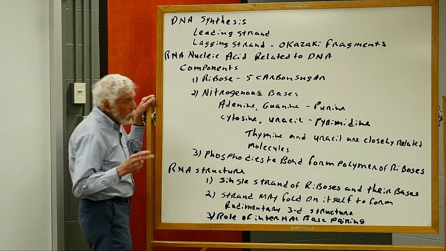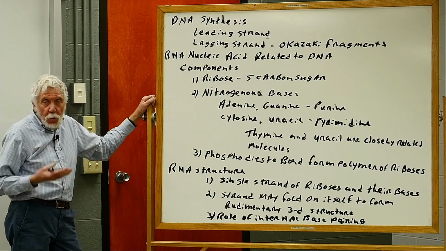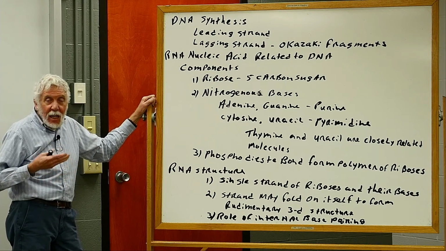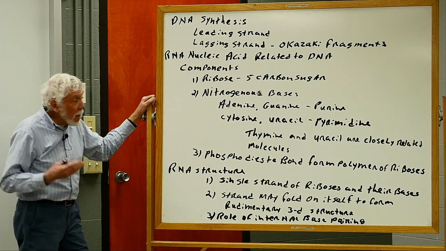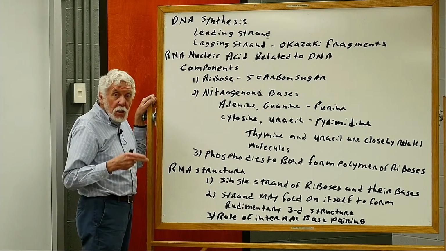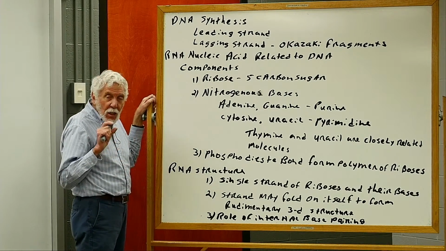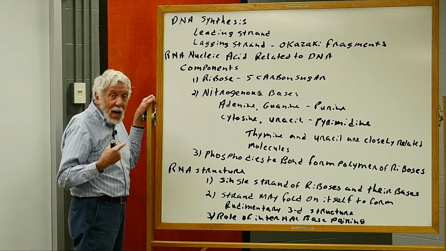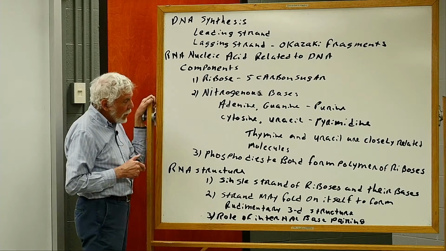So all we do is take uracil, add a methyl group to it at the number 5 position, and we've converted uracil into thymine. These are very, very similar molecules, and yet that difference of a methyl group has a big effect on DNA versus RNA.